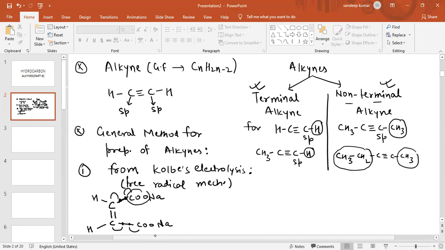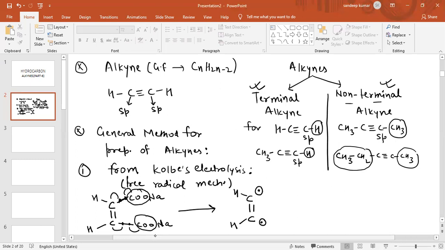We have already discussed the mechanism. CO2 gas will be removed and the intermediate formed will be like this: C double bond C containing hydrogen on this carbon atom, and a free radical generated on this carbon atom. In the same way, a free radical is generated on the other carbon atom also.